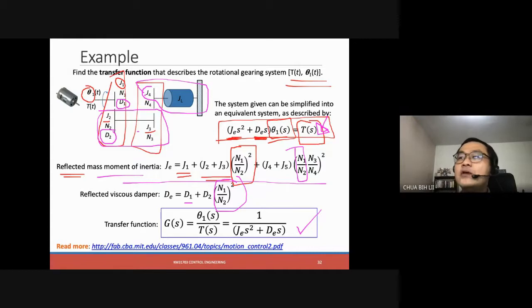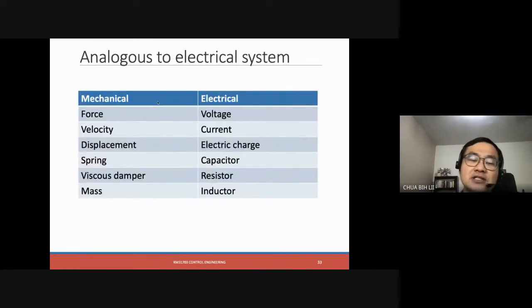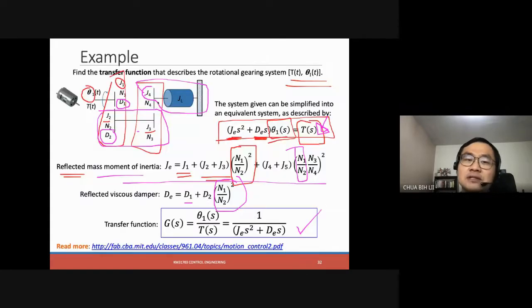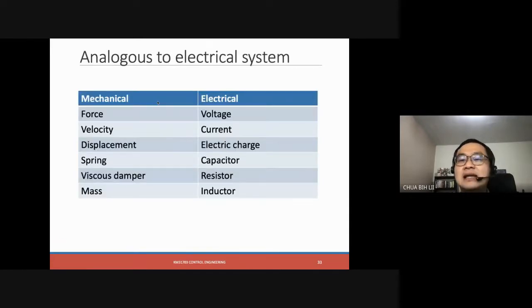We should know the relationship between the gears and all these things, so that we can assist the control engineer, probably an electrical engineer, who will do all this analysis later on. If we are able to model this system as transfer functions, we can supply them for the control engineer to control the electromechanical system.